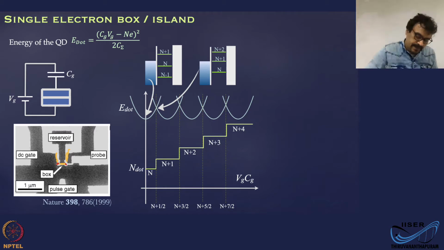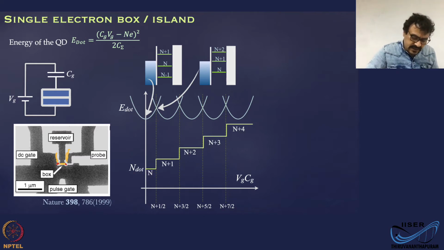There are also gates which are capacitively coupled to this small conducting region. This was actually a superconducting device, but if you apply a magnetic field, you can make it a single electron box.